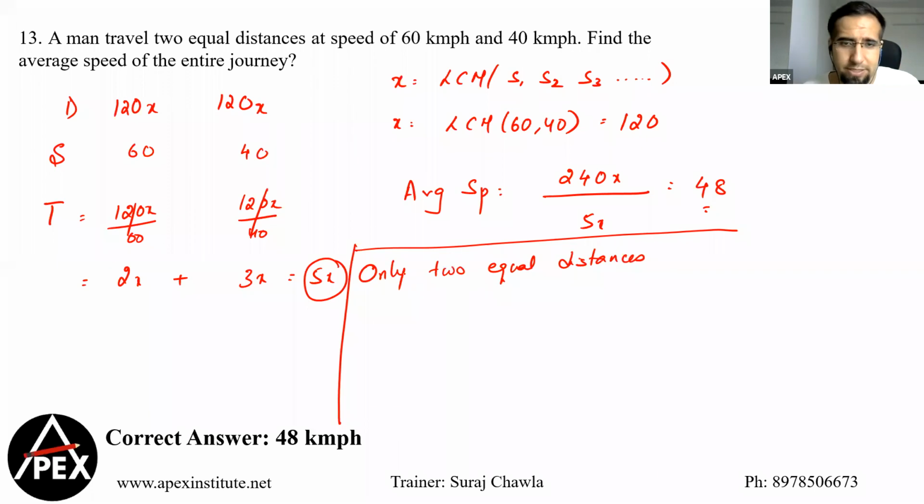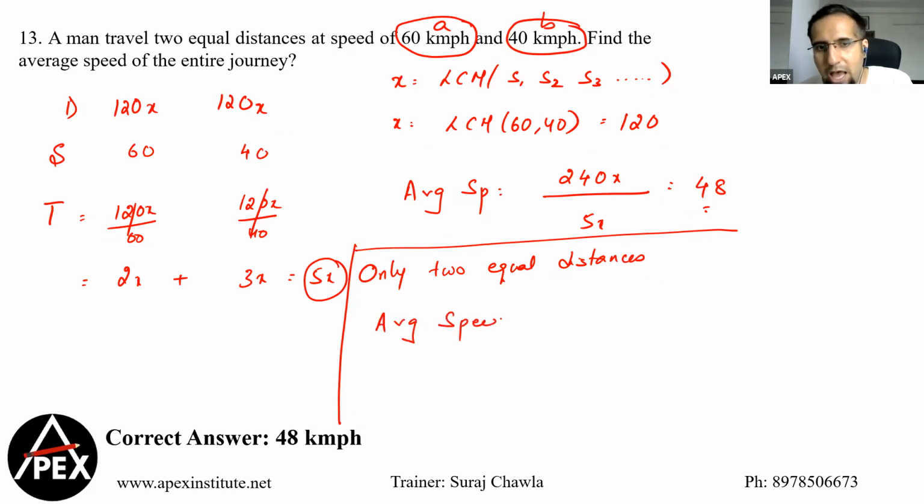The formula says that if one of the speeds is represented by A and the speed at which the person is traveling for the second equal distance is B, then you can directly apply the formula that the average speed for the entire journey is 2AB by A plus B. So it's 2AB divided by A plus B. I repeat, A and B represent the speeds at which they are traveling the equal distances. Is this point clear with all of us?